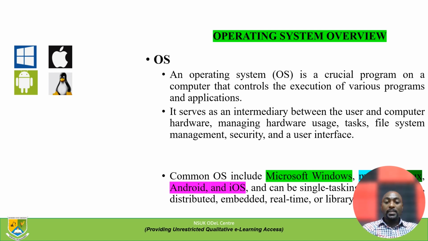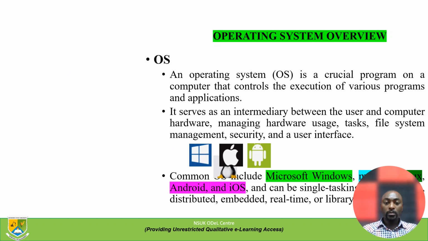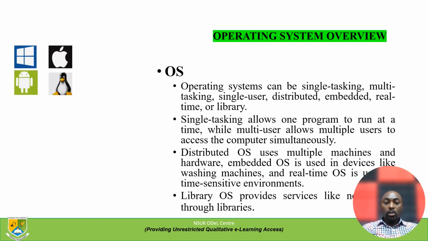And they can be single tasking or multiple tasking, and then we can have them in form of distributed, embedded, real time, or even library. So operating systems can be single tasking, multitasking, single user, distributed, embedded, real-time, or even library.